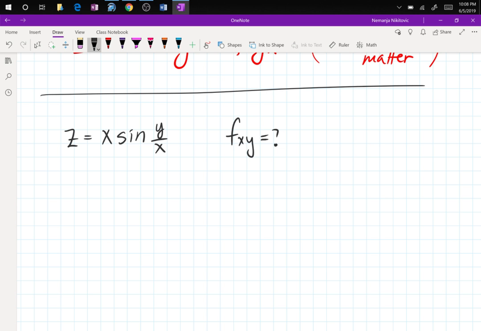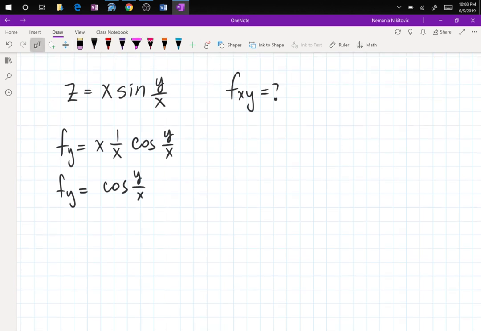And then y over x in a sine, that's going to give you the chain rule. But if you go and find fy first, you will have x, and then 1 over x would be kicked outside, and you would have a cosine of y over x. So your fy, the partial derivative with respect to y, would just be cosine of y over x.